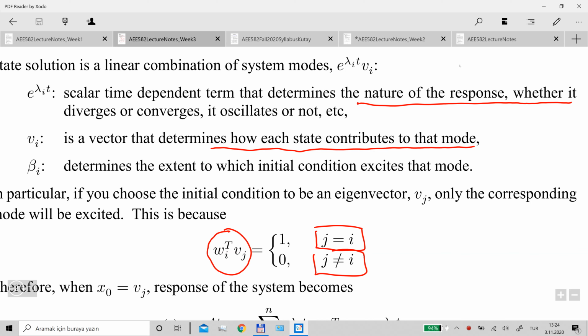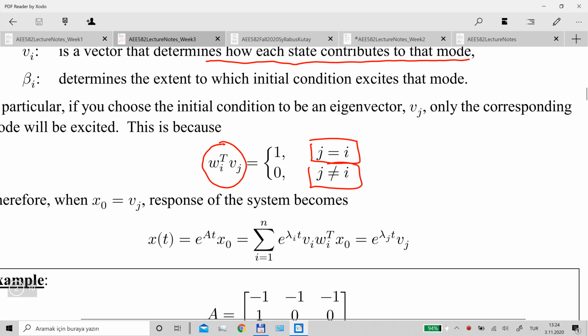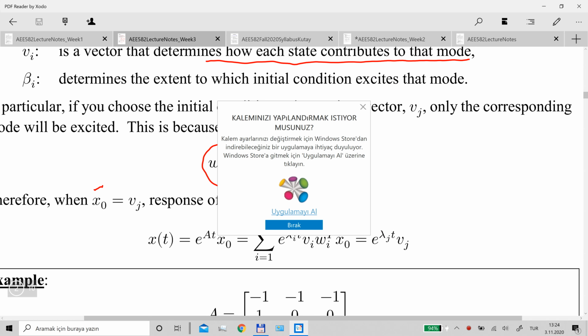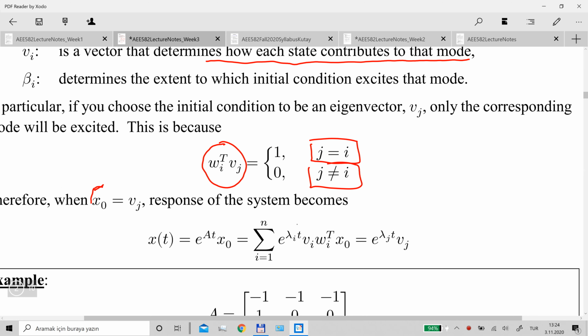This means if you choose your initial condition to be any one of the eigenvectors, you can see the response of the certain mode that corresponds to that eigenvector. Let's see that on an example. If you let the initial condition be an eigenvector and insert that into this summation, then in the summation of n terms, only one term will remain, the one corresponding to that mode, and every other term will drop out.